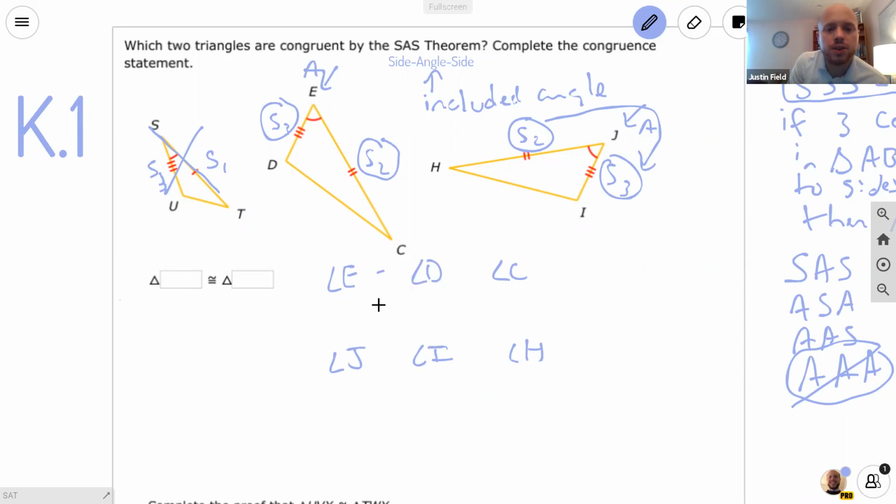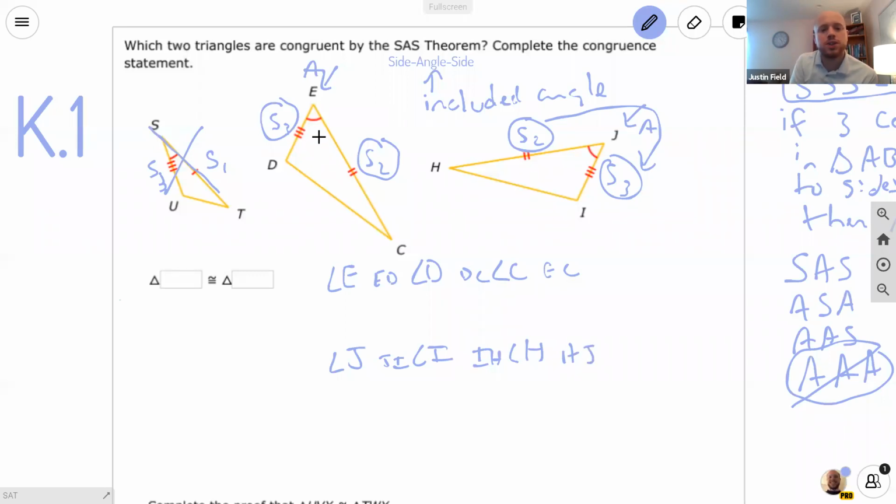In between E and D is side ED, in between D and C is side DC, and after angle C there is side EC. Between J and I is side JI, between I and H is side IH, and after H is side HJ.